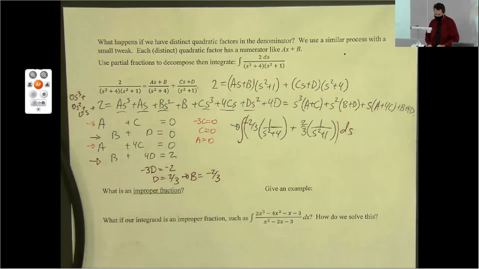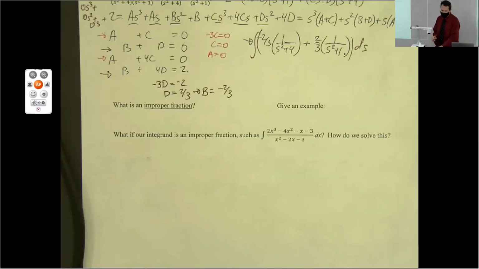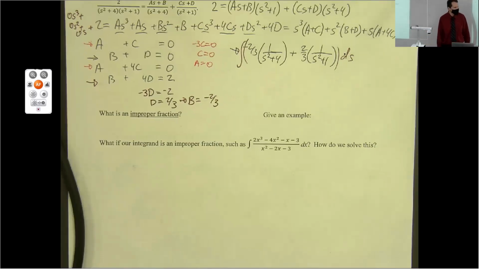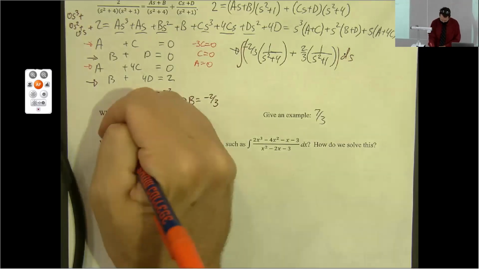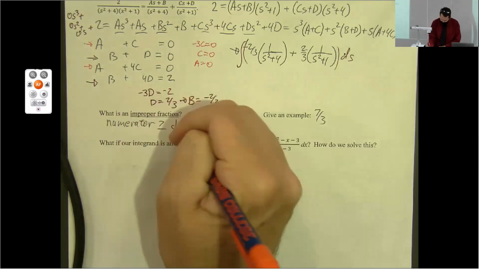Because I need to teach you one more thing for today, and we've used it implicitly all day. But what's an improper fraction? Who can give me an example? 7/3. When the numerator is greater than or equal to the denominator.